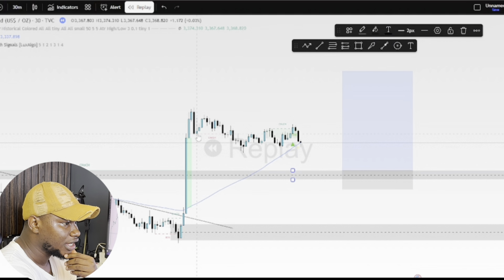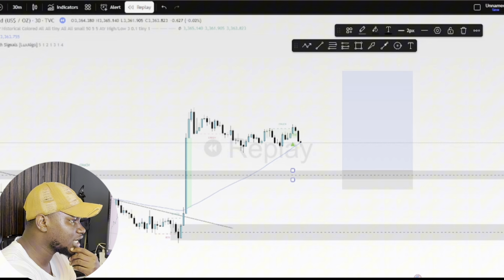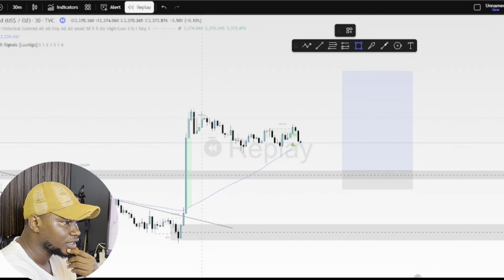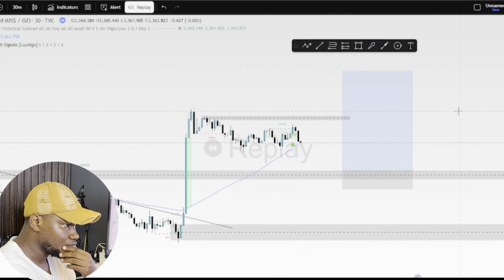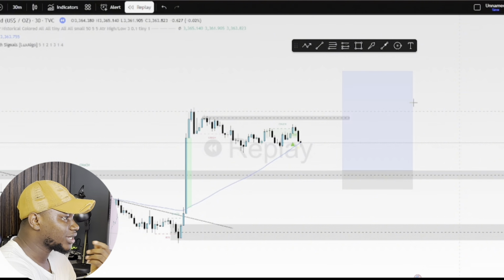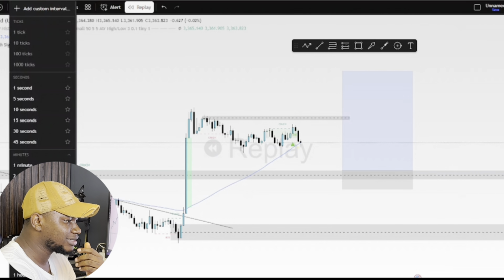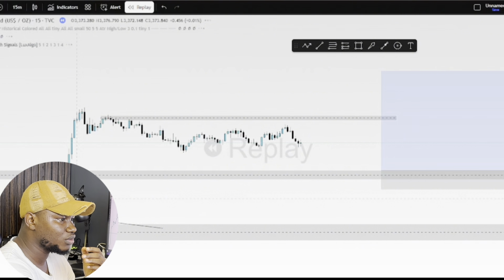We have a change of character here. We have the first inducement, a liquidity pull to the upside, which actually mitigated this point. And then around here again, we have a tiny block, which I'm not going to overlook. Now you may not get to see or understand this block very well, but when you go down to the lower time frame, you should be able to understand this particular block and how it works.